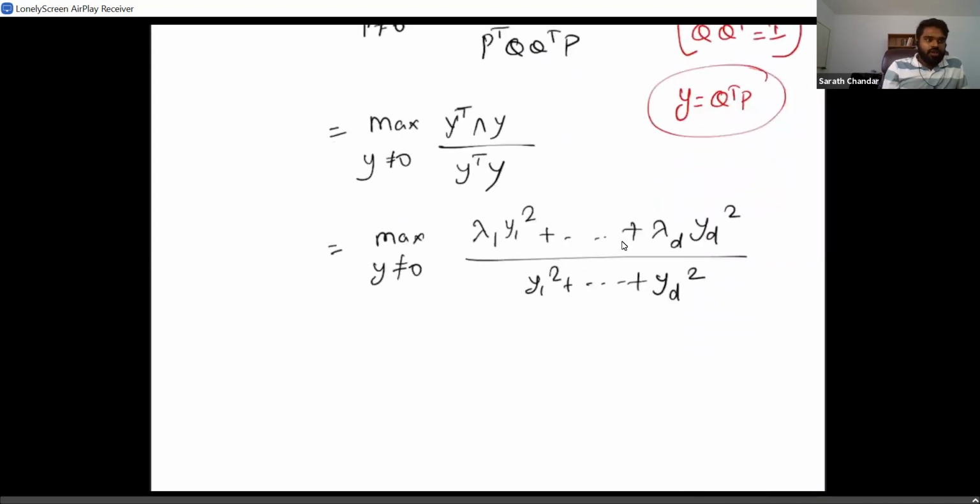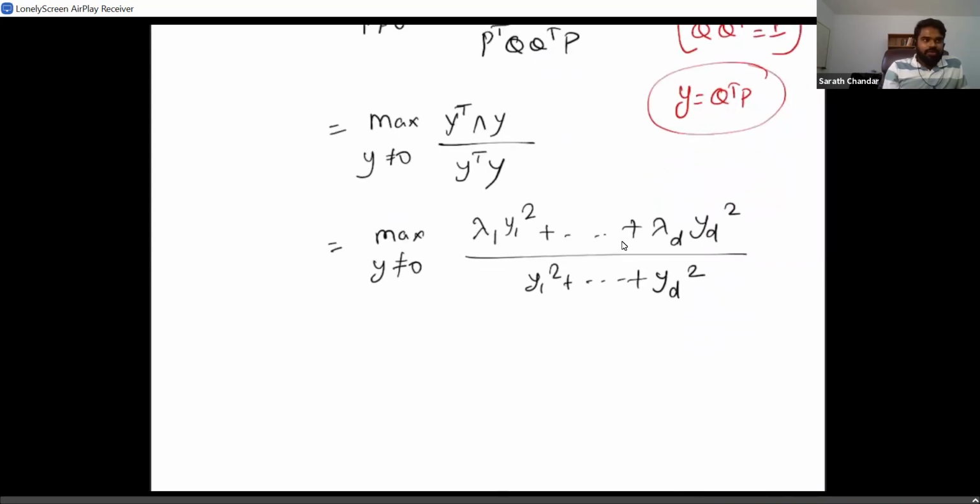We are going to consider lambda 1 to lambda D sorted based on their value. These are the eigenvalues corresponding to the eigenvectors U1 to UD.